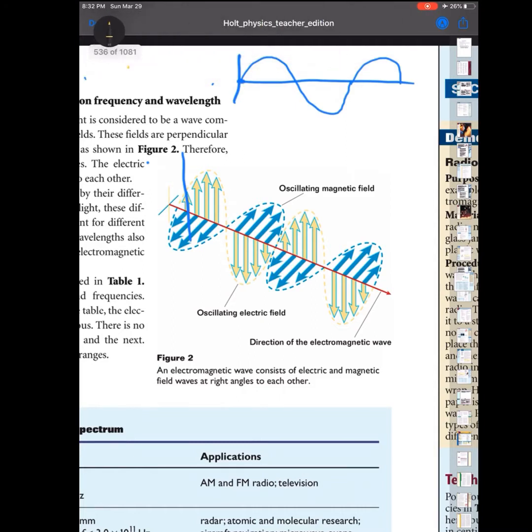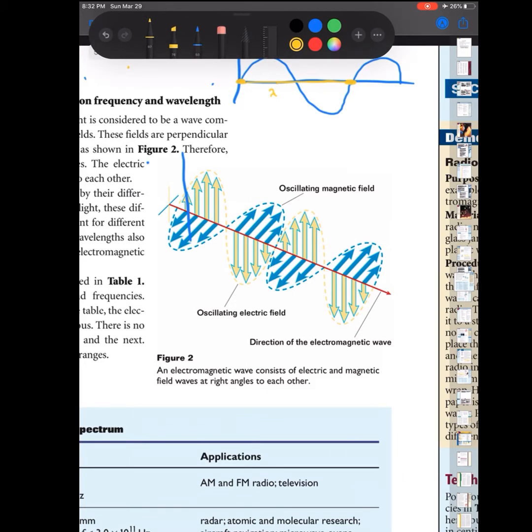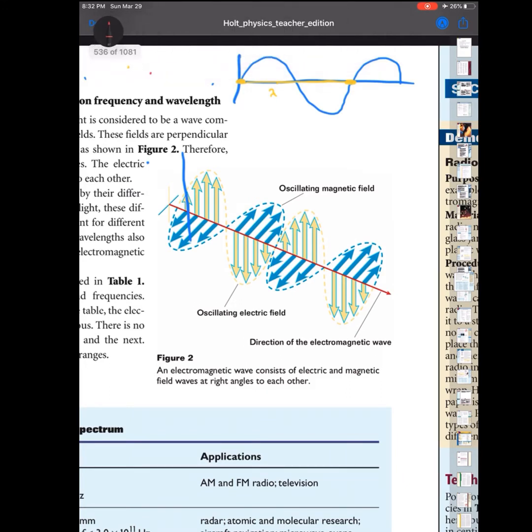From this point to this point, the distance between 2 similar adjacent points is equal to 1 wavelength, guys. And from this point, this line, we call the equilibrium position.